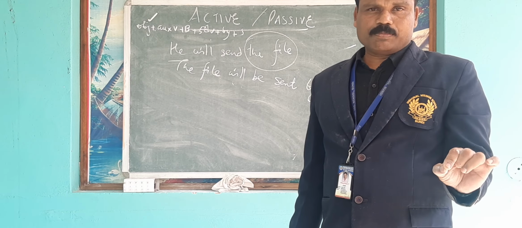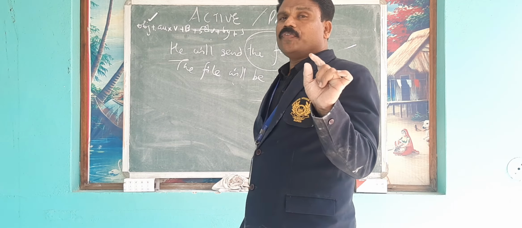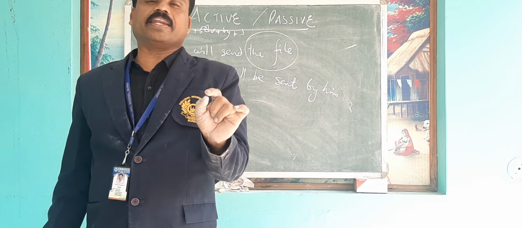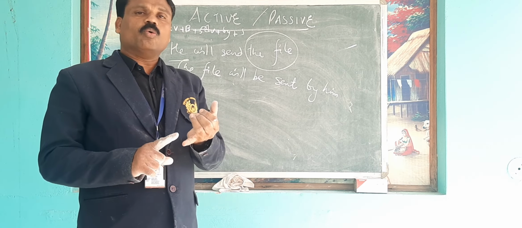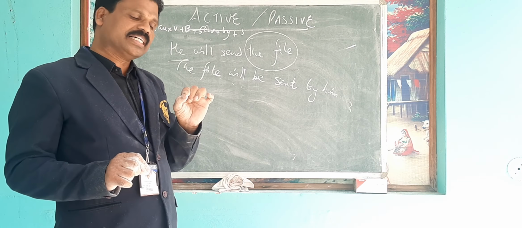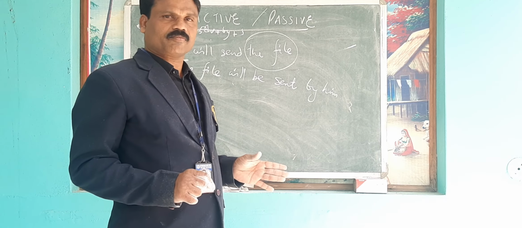One more time, we will tell. There are 24 auxiliary verbs. Among the 24 auxiliary verbs, 11 are primary: do, did, does, is, are, was, were, has, have, had.